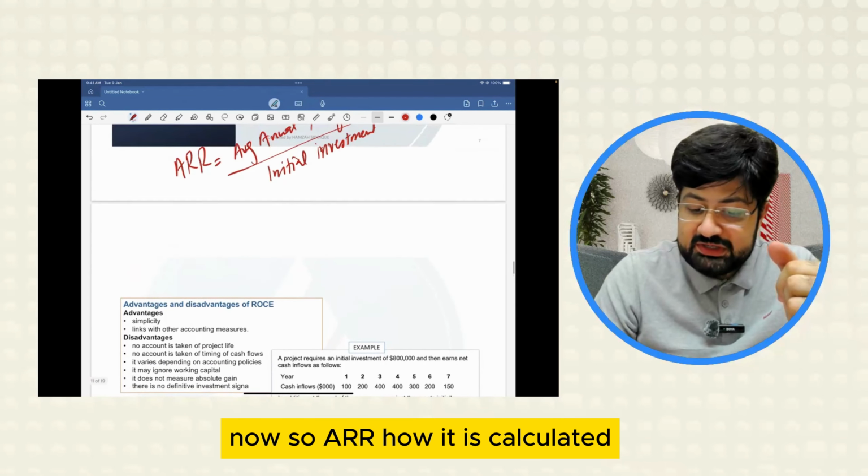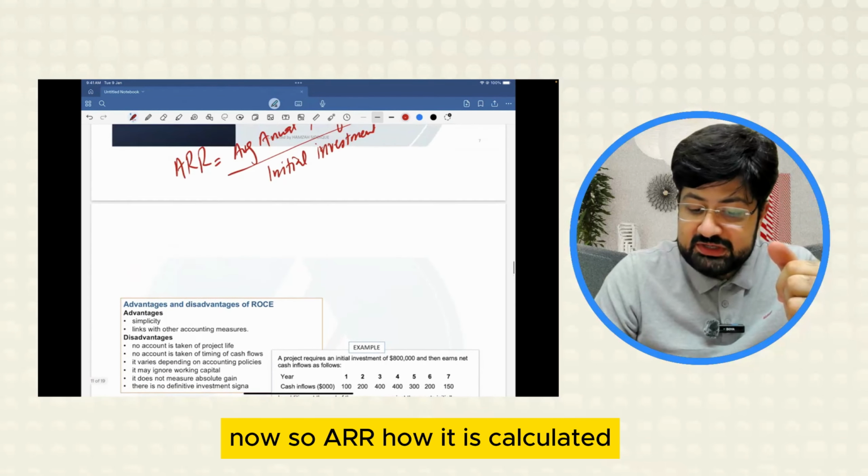And then the average investment: 4,000 initial investment plus scrap value, divided by 2. It is 2750. So ARR can be calculated easily over here. The formula is average annual profit divided by average investment.